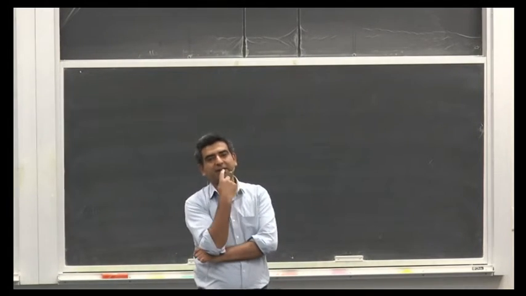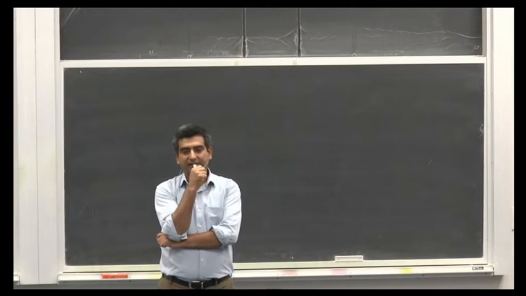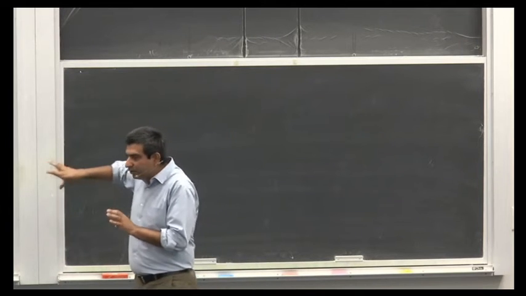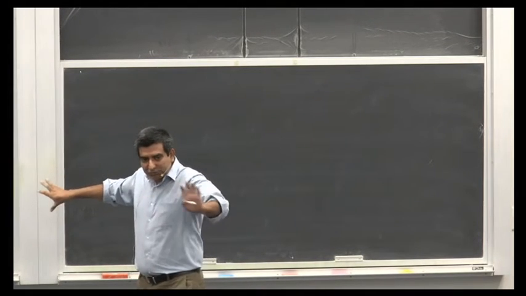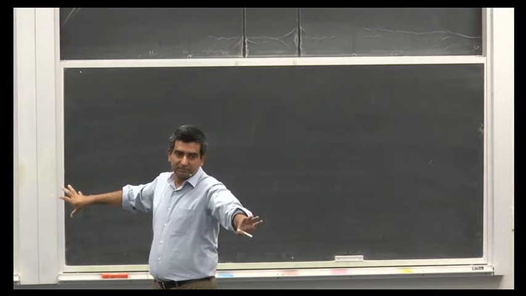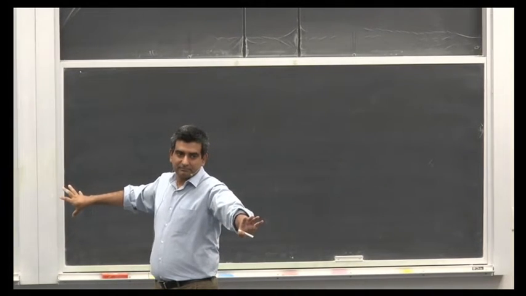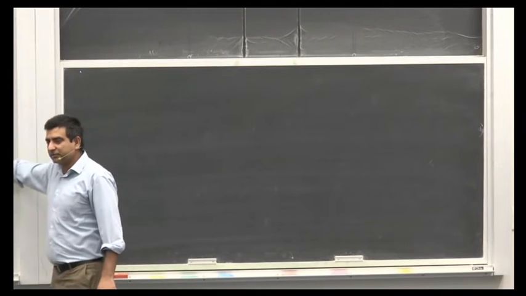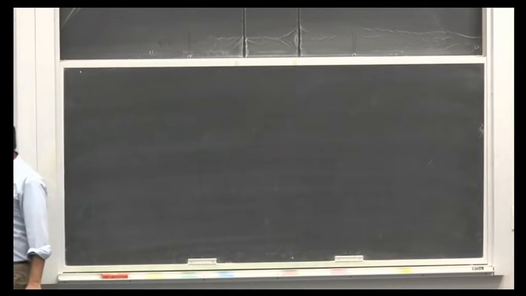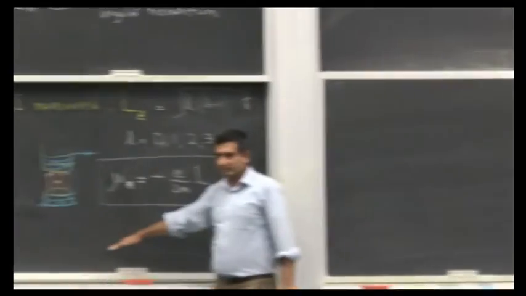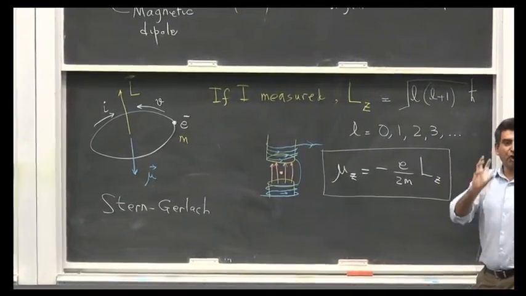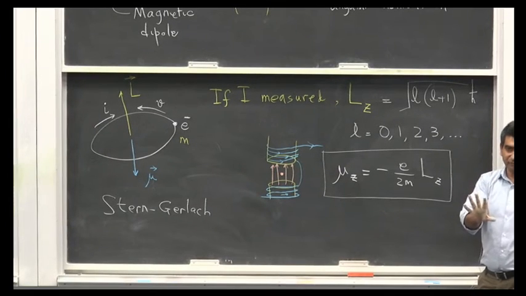Second, whenever we have angular momentum associated with it, there's a magnetic moment. The third key idea is that if the angular momentum is quantized, the magnetic moment is quantized. The only thing is that we talked about orbital motion, orbital angular momentum so far.